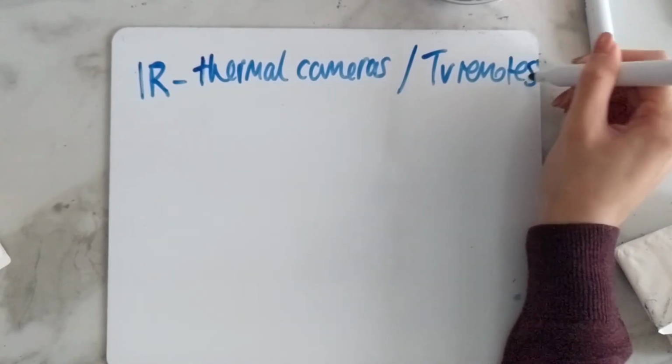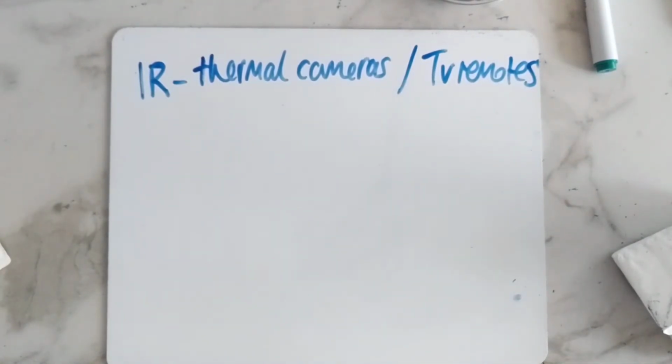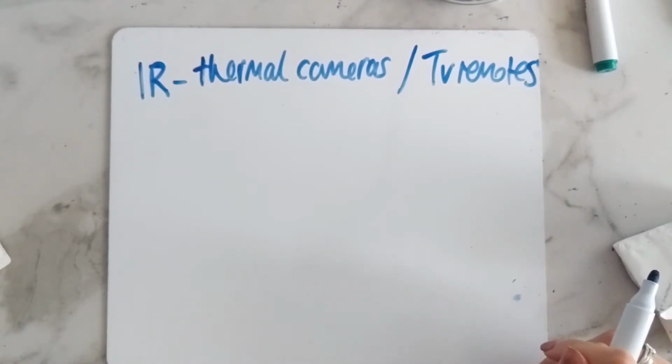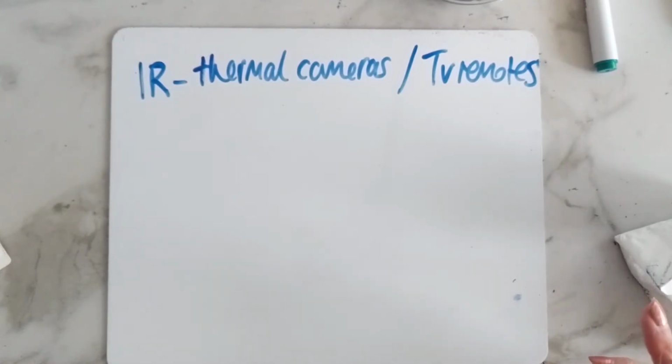So TV remotes, or like a DVD player with the remote, you press on, there's a bit of a red light that flashes. So infrared. Thermal cameras, if you don't know, are those almost night vision cameras. You can see things in the dark because of the heat energy that's being given off by something.